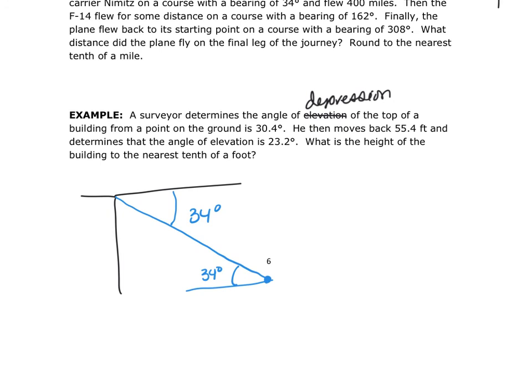If he moves back some distance, we don't know what it is. Actually, we do. If he moves further back 55.4 feet, then this angle that he has as he looks up becomes 23.2 degrees.